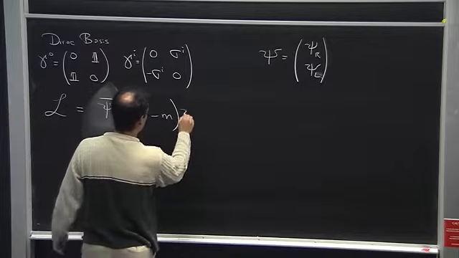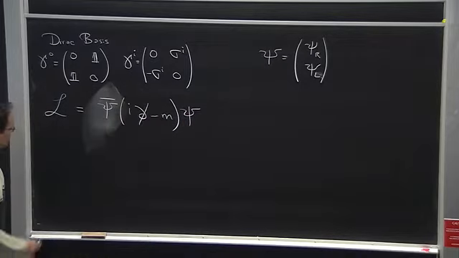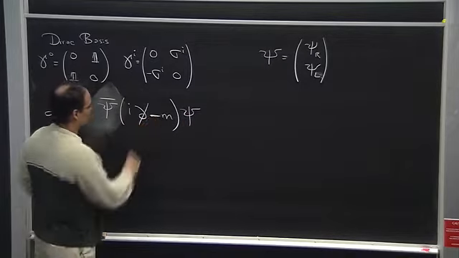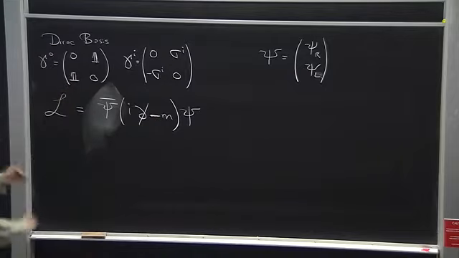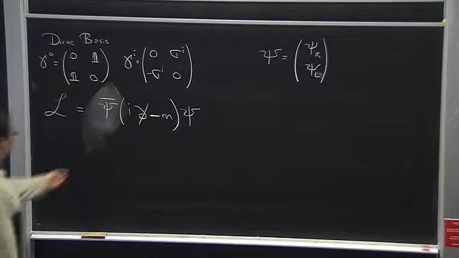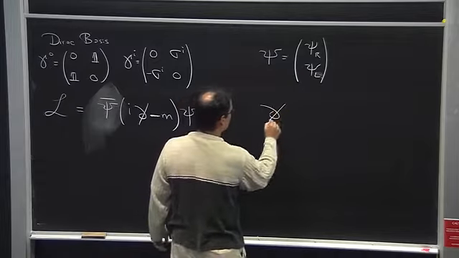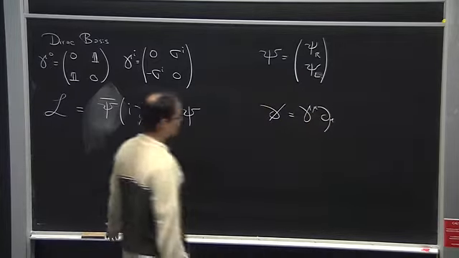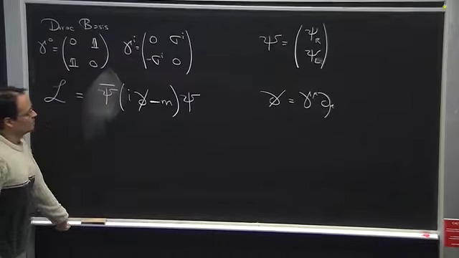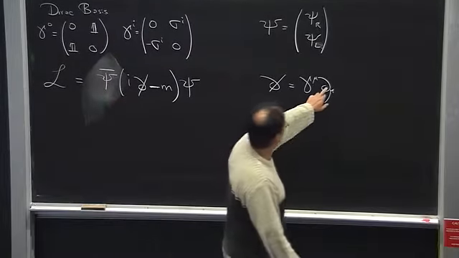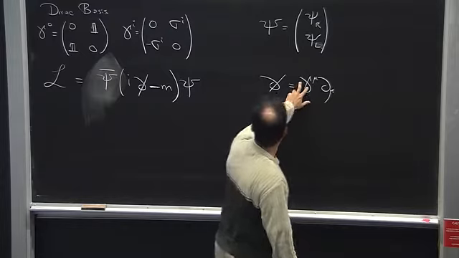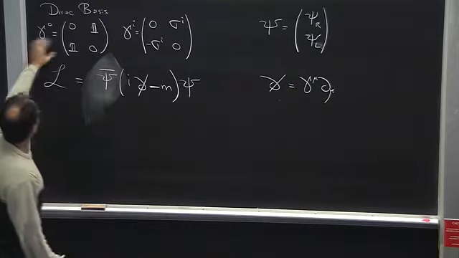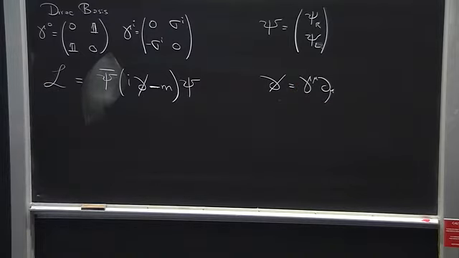But we haven't actually proven that this M has the right to be the mass. We also introduced this fancy notation to denote the contraction of the derivative operator with the gamma matrices. And today we're going to be using the Dirac basis.